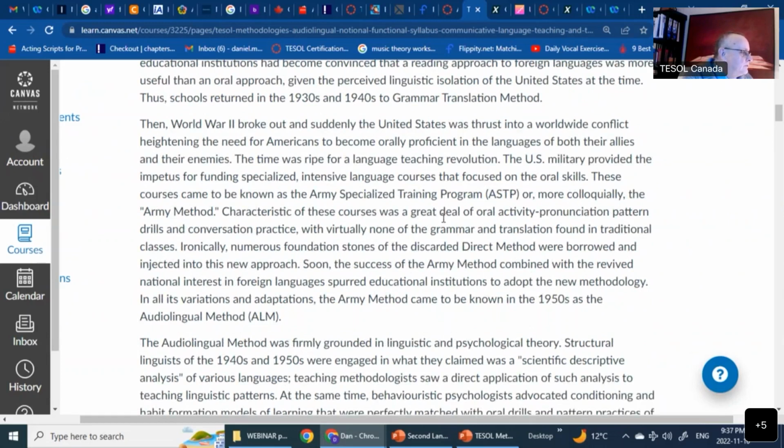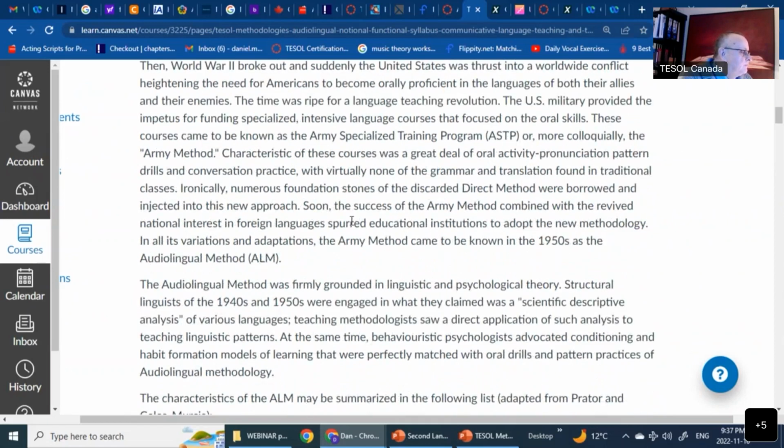Characteristics of these courses was a great deal of oral activity, pronunciation pattern drills, and conversation practice, with virtually none of the grammar and translation found in traditional classes. Ironically, numerous foundation stones of the discarded direct method were borrowed and injected into this new approach.